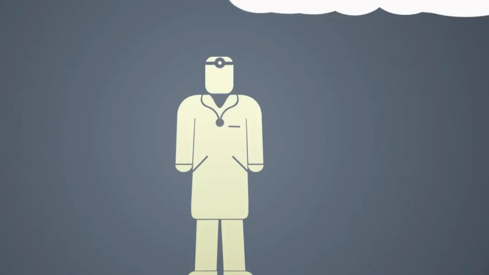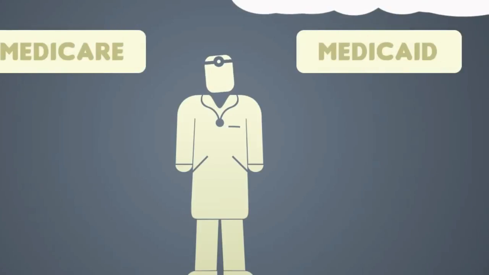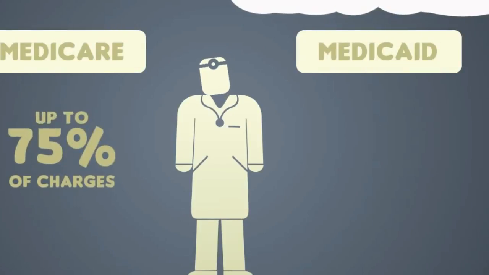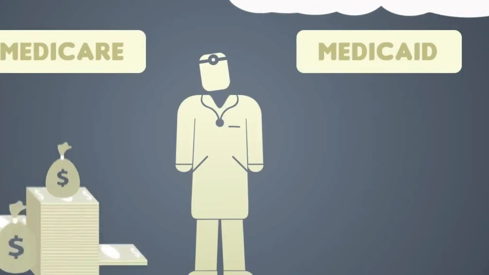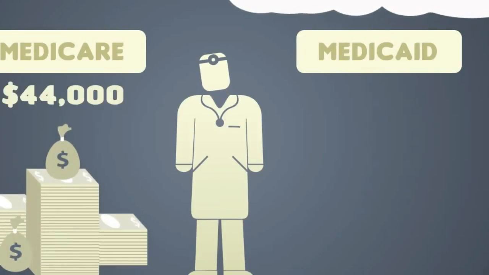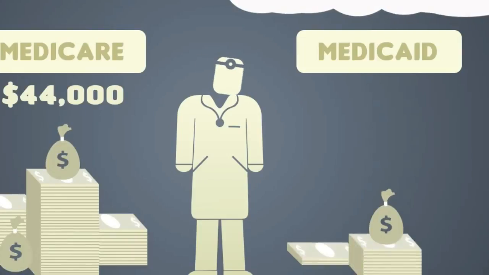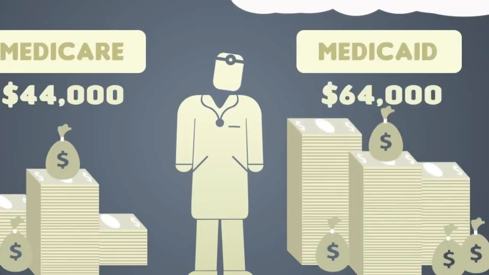High-Tech provides 2 separate programs, one for Medicare and one for Medicaid. With Medicare, physicians can earn up to 75% of their Medicare allowable charges, up to a maximum of $44,000. With Medicaid, close to $64,000 is available to physicians who see more than 30% of Medicaid patients.